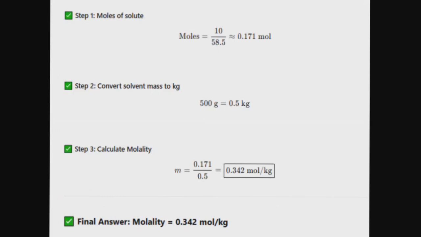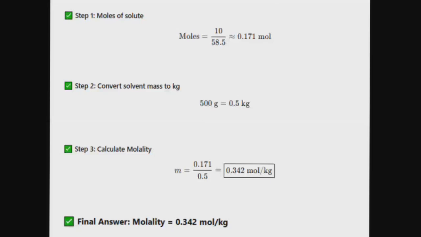So the 10 grams should be divided by the molar mass, 58.5, giving us approximately 0.171 mole. Of course, the gram cancels, leaving us with the mole. Remember that for moles of solute, the unit is mole.